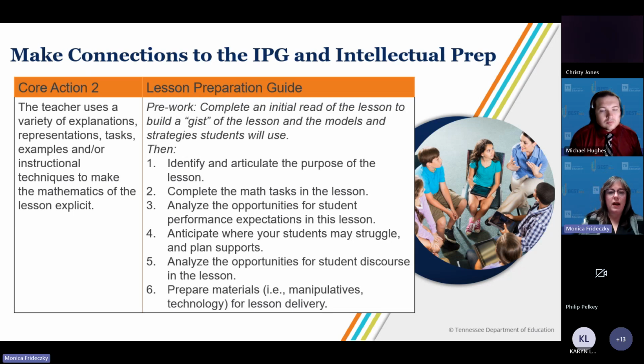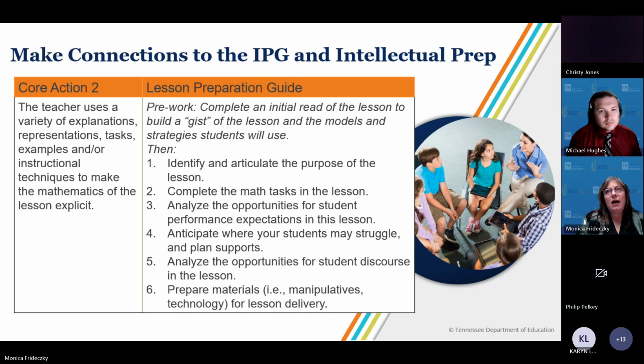So there is a requirement of some pre-work. What is that pre-work? Know what the mathematical goal of the lesson is. What standard is that aligning to? What's the big idea of the lesson? It's also important, I think, to complete the tasks, the things that you're asking students to do.